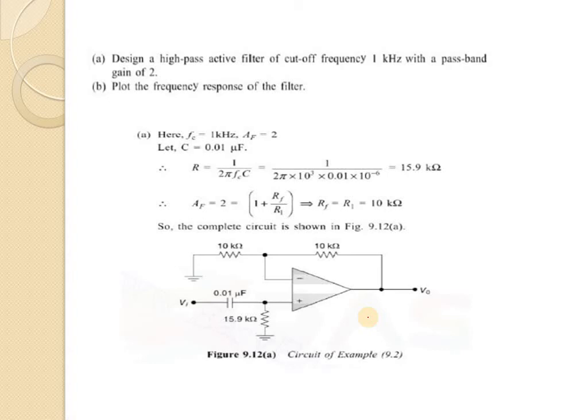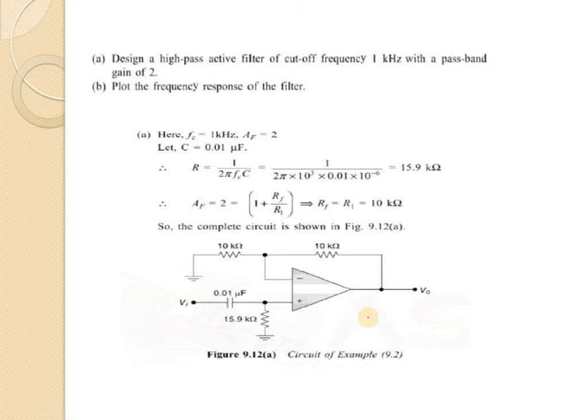Let us consider the value of capacitor C equals 0.01 microfarad. So the value of R will be 1 by 2 pi Fc. Putting the values of Fc and C, we have got the value of resistor as 15.9 kilo ohm.